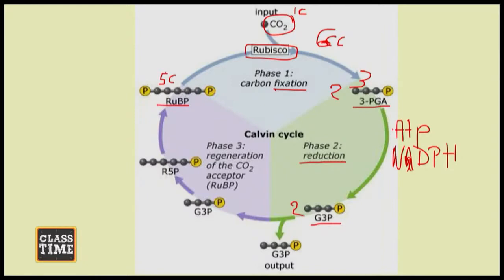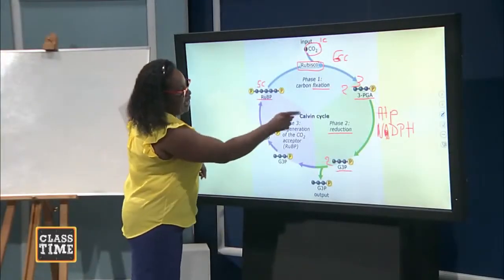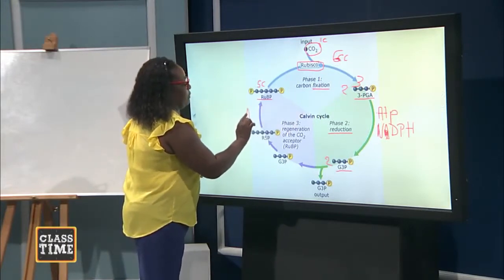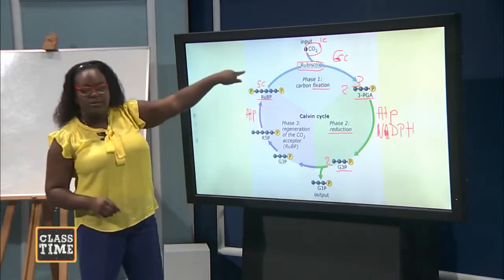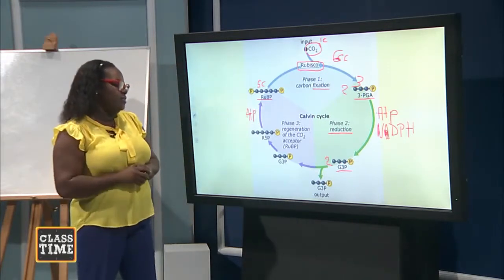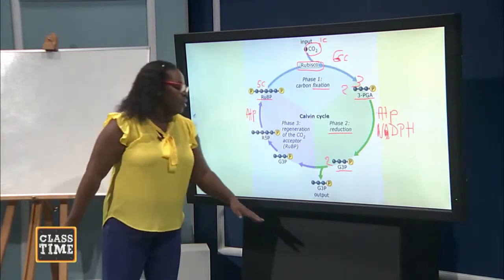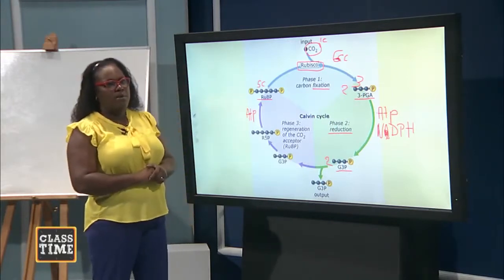So more ATP from the previous stage of photosynthesis is now going to be utilized to convert our G3P back to RuBP.